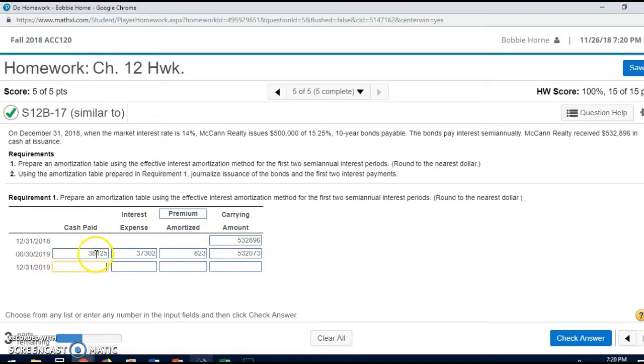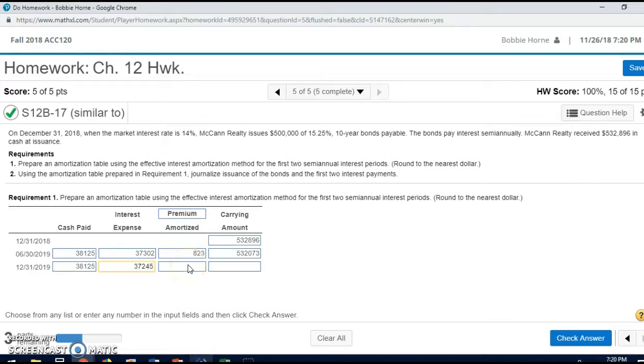Now for the next year, for the cash paid, it will still be 38,125 because this doesn't change. But for the interest expense, now you're going to use the new carrying value, and you're going to times it by the market rate, and times that by 6 out of 12 months. So this time it's going to be 37,245.